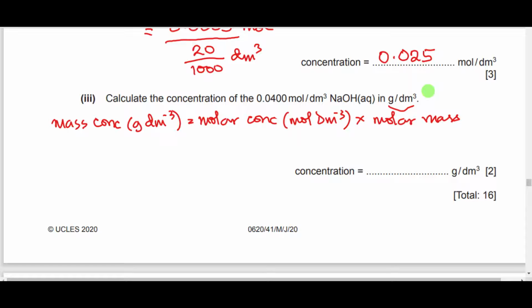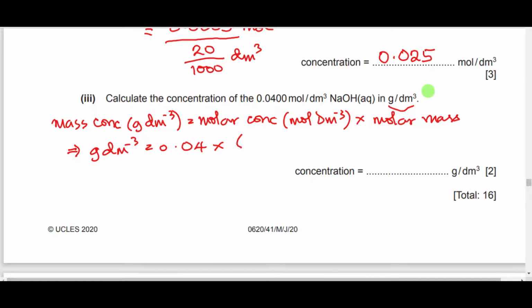So the mass concentration of sodium hydroxide will be 0.04 times the molar mass of sodium hydroxide.